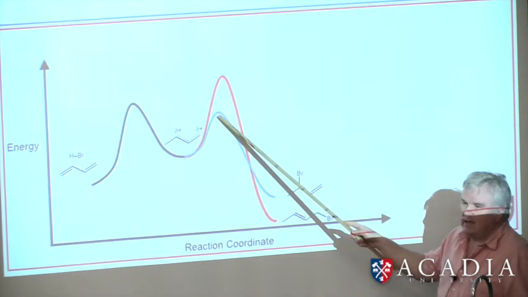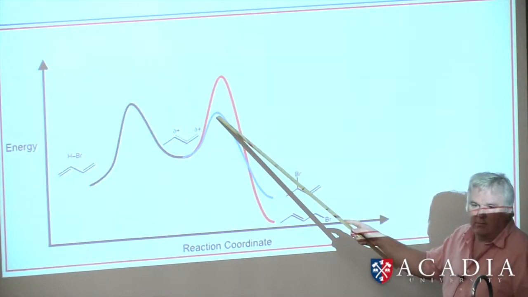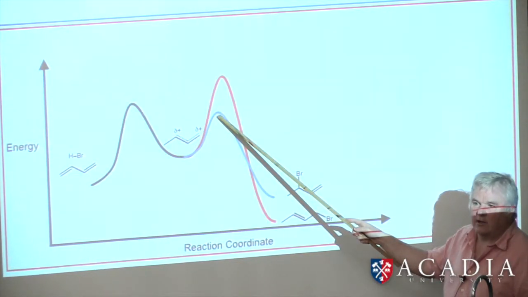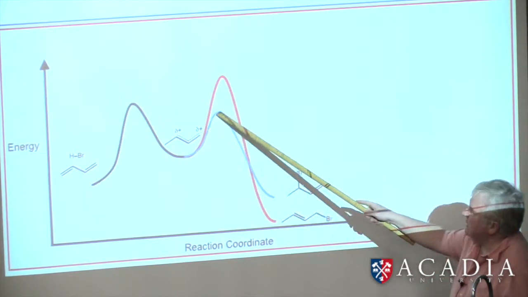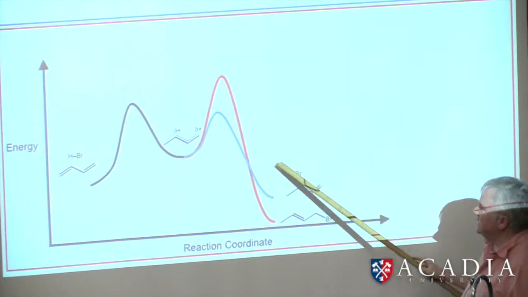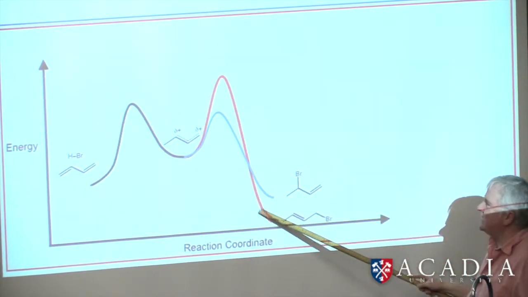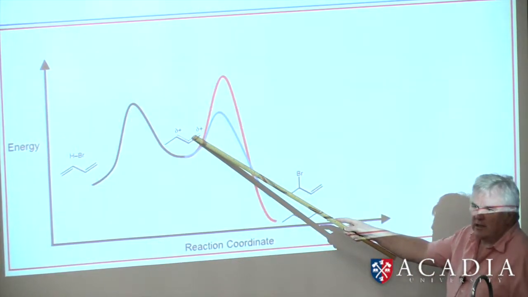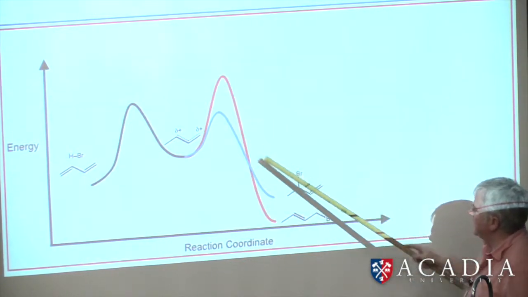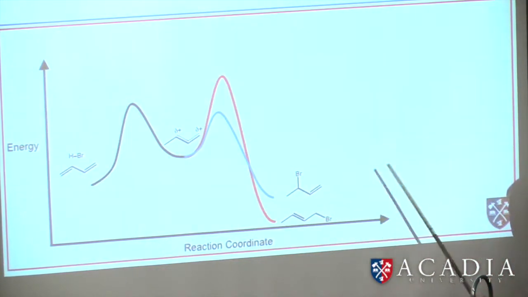So this must have a lower barrier to get to, because at low temperatures the activation energy is lower and we get some of this. At high temperatures the activation energy is higher, so less of this has energy to get over that barrier and get to the 1,4 position.